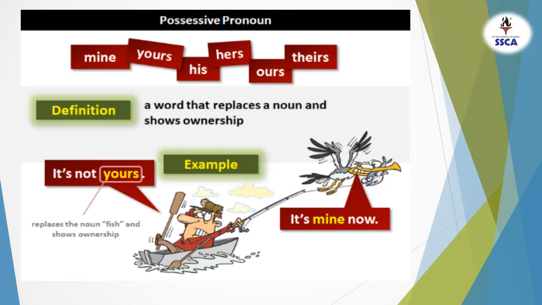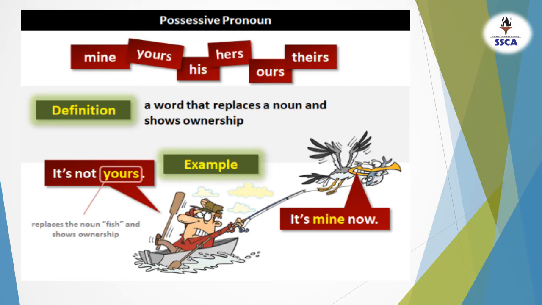Possessive pronouns are the words that not only replace a noun but also show ownership or possession. Some examples are mine, yours, his, hers, ours, theirs. These are your possessive pronouns. Let's see an example.